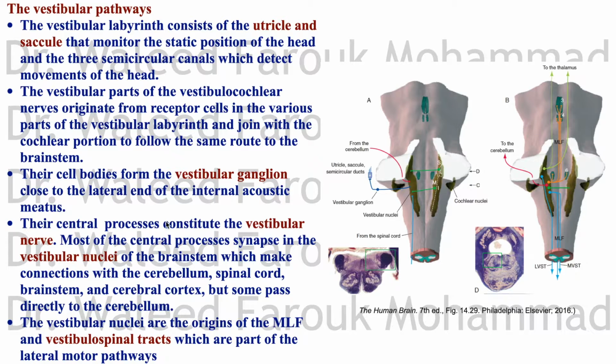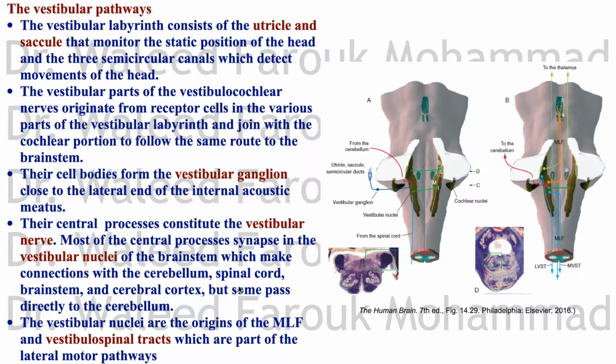The vestibular part of the vestibulocochlear nerve originates from receptor cells in the vestibular labyrinth and joins with the cochlear portion to form the vestibulocochlear nerve, and their cell bodies form the vestibular ganglion close to the end of the internal acoustic meatus.